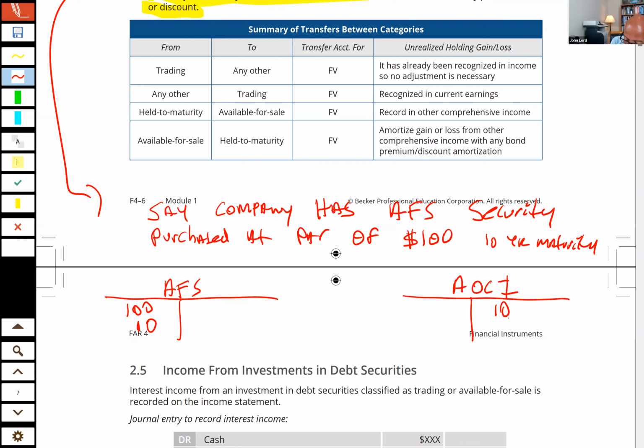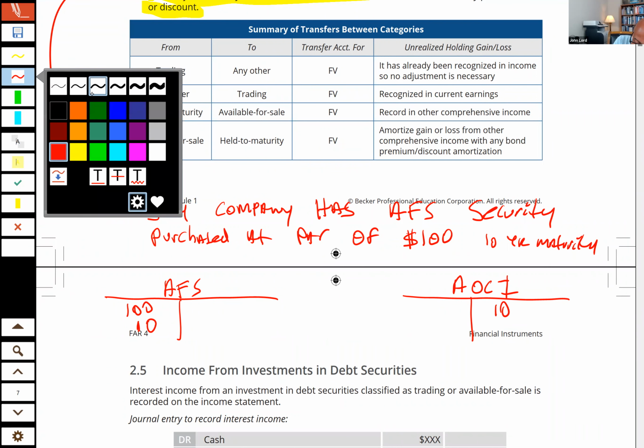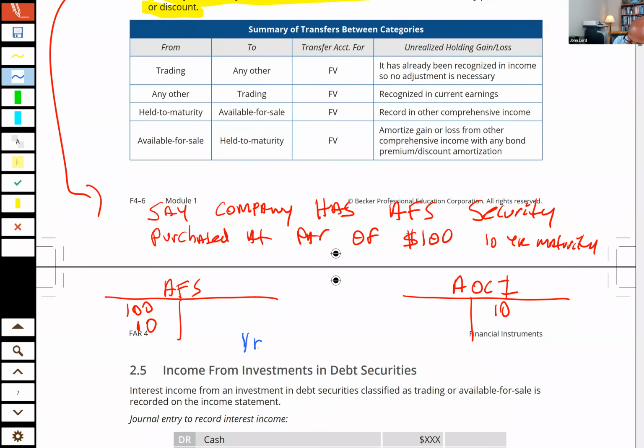Okay, and then in year 5, they move it to held to maturity. Well, what's happening? They have unrealized gains sitting in accumulated other comprehensive income of what?